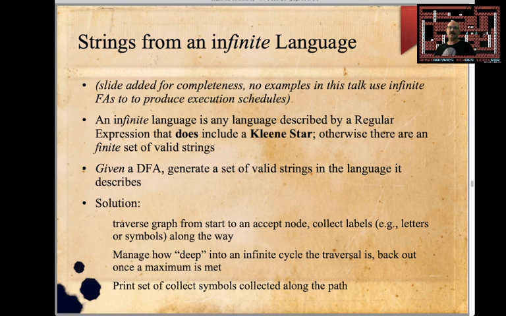This is a similar slide to the previous one, but what it says here is if you start using the Kleene star, you're going to get cycles. And the FLAT module has a way to pump, or describe how deeply you would like to iterate into these cycles in these infinite languages.